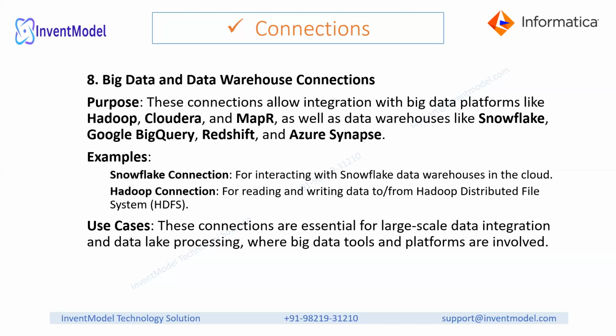For example, Snowflake connections. As we know, Snowflake is a kind of cloud data warehouse, right? So if you want to load data to Snowflake, or extract data from Snowflake, in that case we can use such connections. Similar goes for Hadoop connections also. If you want to interact with data from the Hadoop system, then in that case, we can go for the Hadoop connection.